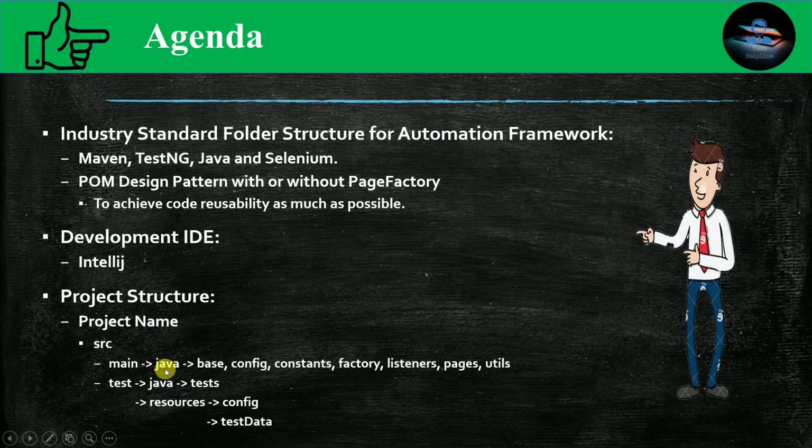Under these subfolders, we are going to create the packages related to our automation framework: base package, config package, constants, factory, listeners, pages, and utils. These will be available under the main Java folder. Under the test Java folder we are going to create one package, the test package, and under this test package we are going to create our test classes.